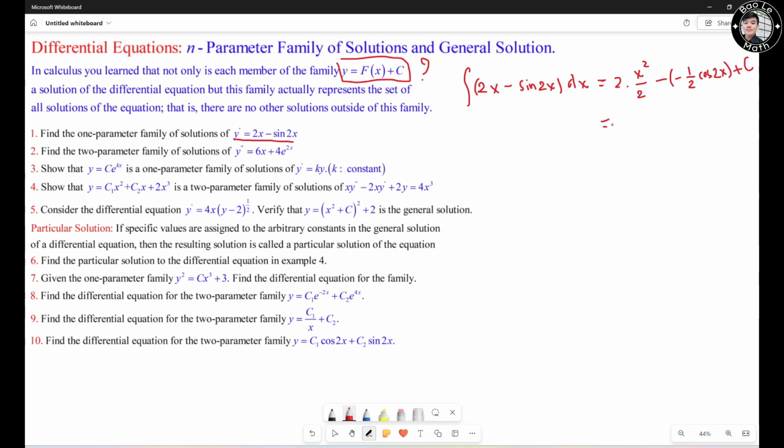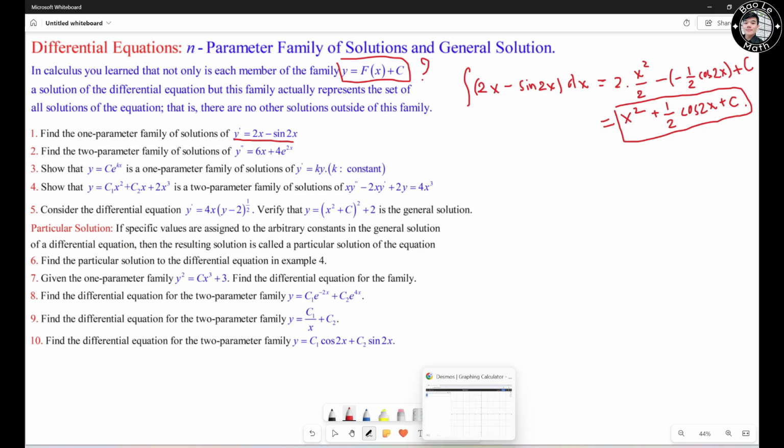Now I'm going to simplify, the 2 and 2 are gone. So I have x squared, and the negative turns out to be positive 1/2 cosine 2x plus c. And this is the answer for example number 1.